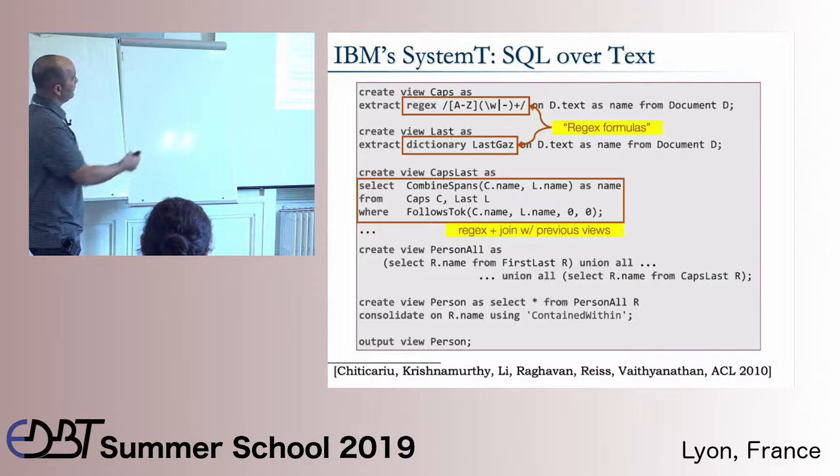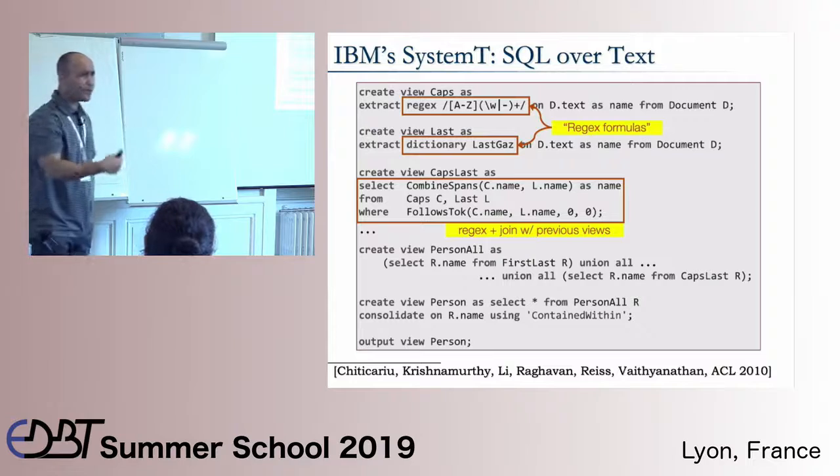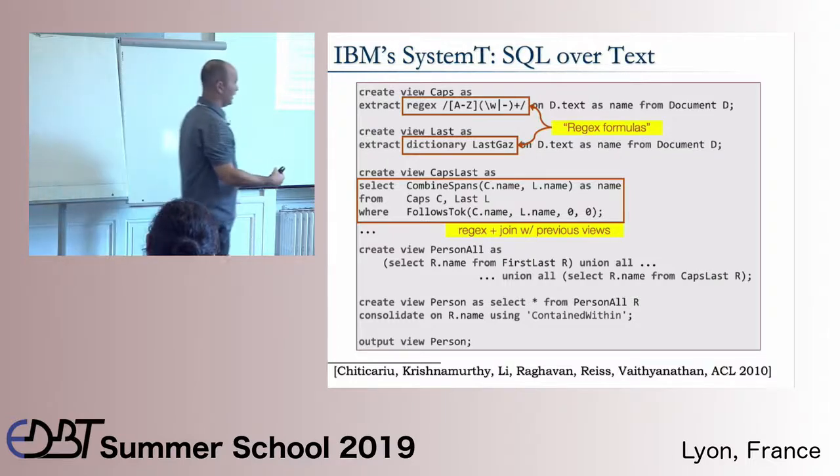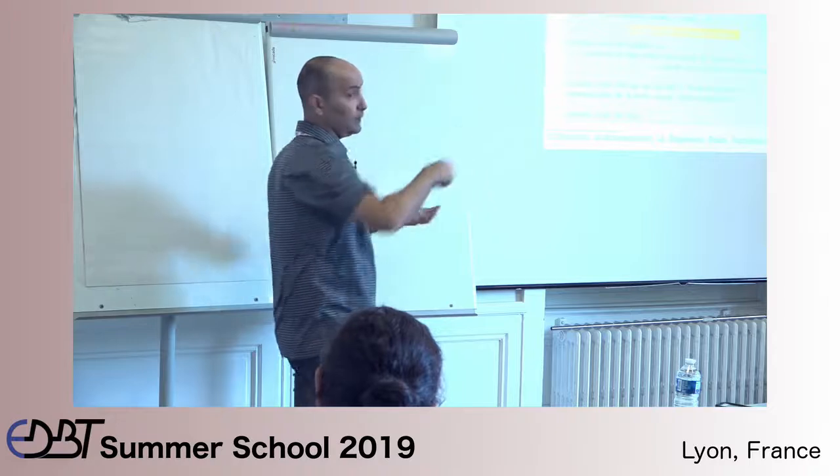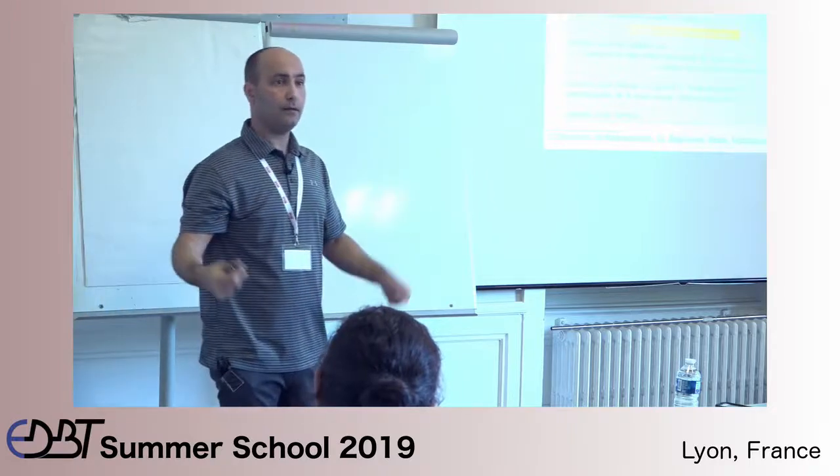Okay, and then you can also call these relations that you've extracted and do some joins, but more text-related joins, like the distance between the spans and so on.